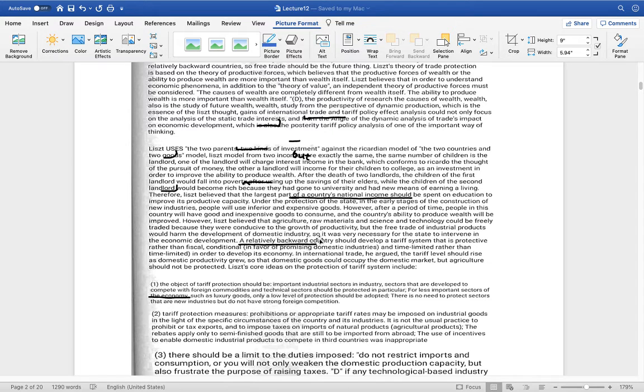So it's very necessary for the state to intervene in economic development, and relatively backward, less developed countries should develop a tariff system that is protective, in favor of promising domestic industry, and time limited rather than unlimited, in order to develop their economy.